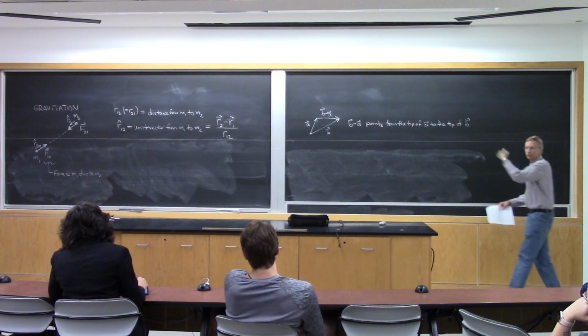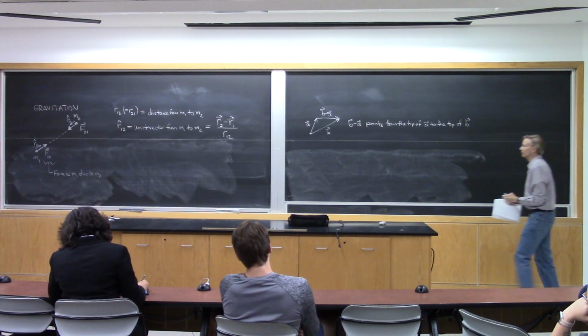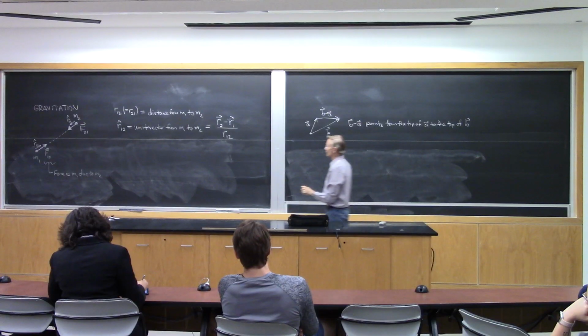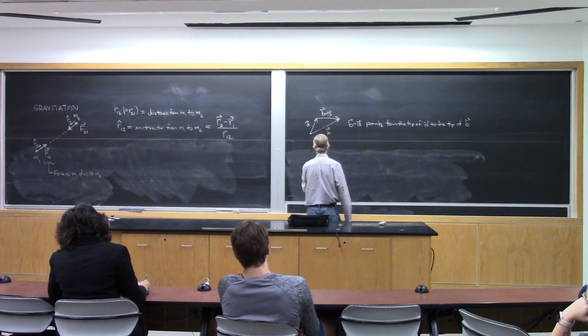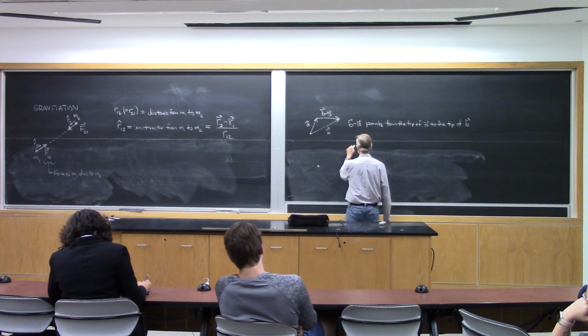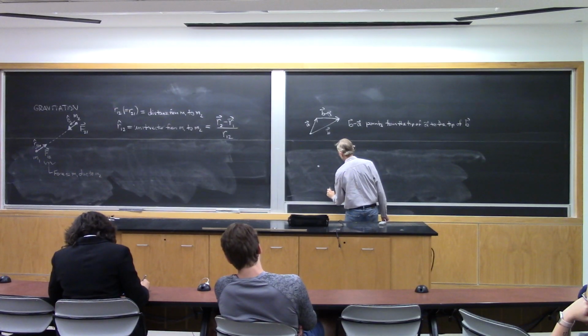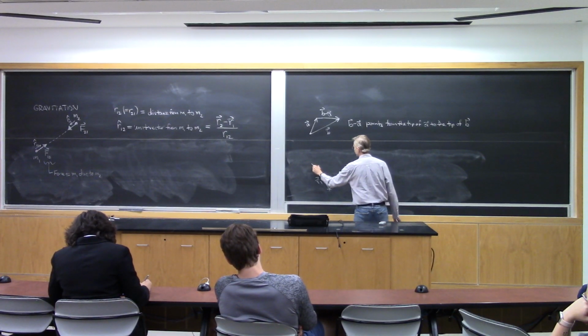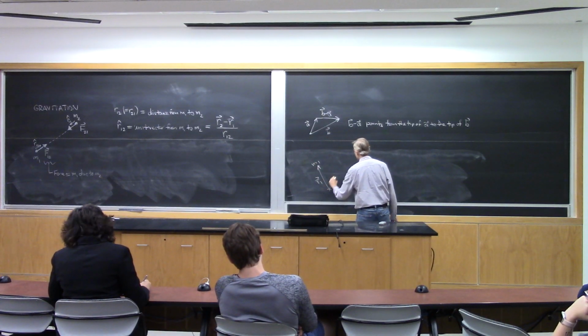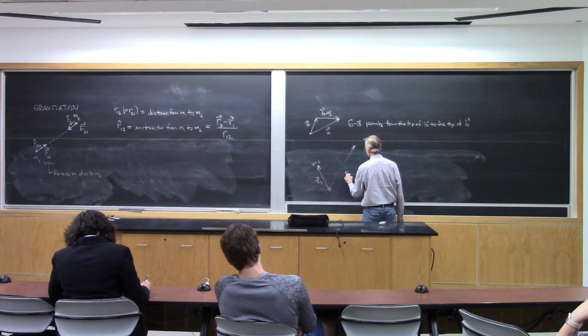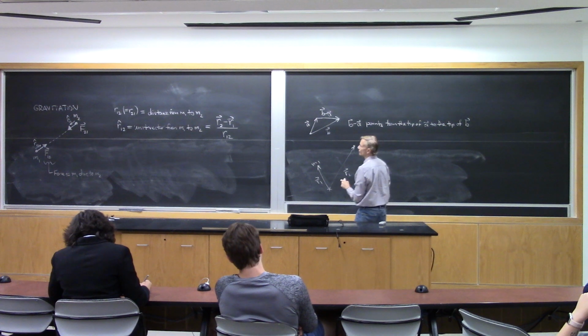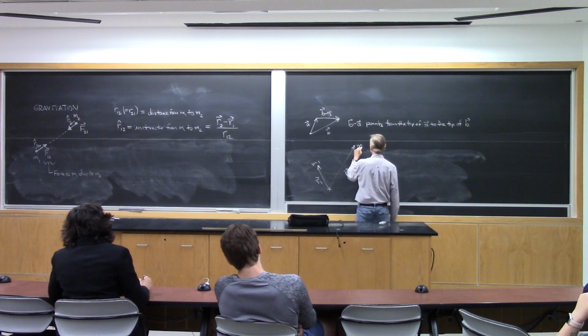A minus B would point the other direction. So if we do our R2 minus R1 here, if I've got these two masses and some origin over here somewhere, then there would be R1, the position vector of mass 1, and R2, the position vector of mass 2.